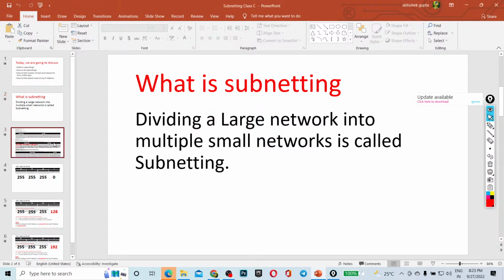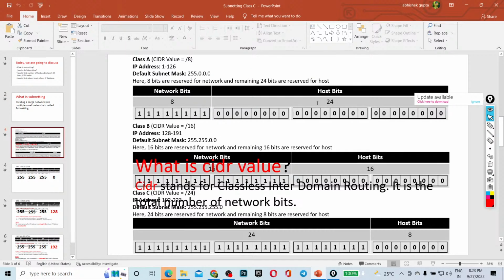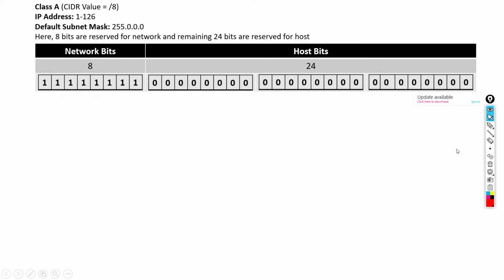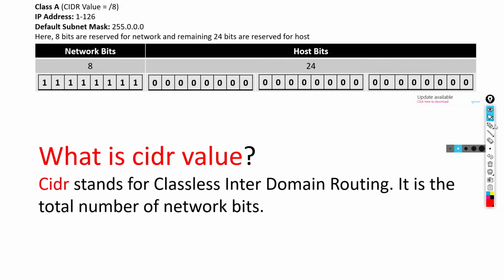Now let's go forward and understand the basics of IP address, because if you don't know the basics of IP address, it is very difficult to understand the concept of subnetting. So as you can see, this is a class A IP address that starts from 0 to 126, and its default subnet mask is 255.0.0.0.